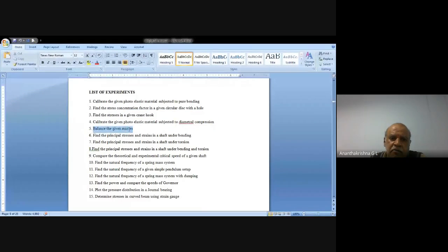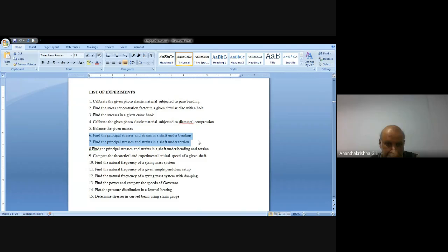Next, we have balancing of given masses. Then we find out stresses and strains in a shaft under bending, then under torsion, then under combined bending and torsion. Experiment 8 is as per the syllabus, but 6 and 7, under bending and under torsion, are additional experiments in the lab which we need to conduct.